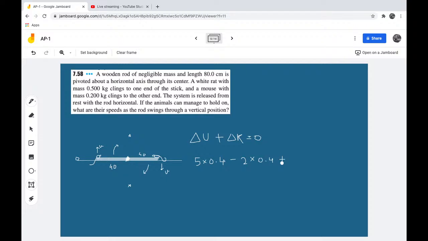Remember, the initial kinetic energy is 0, it's only the final kinetic energy.